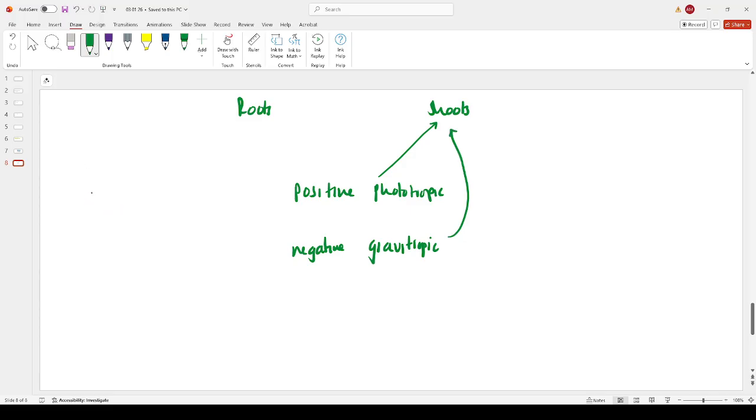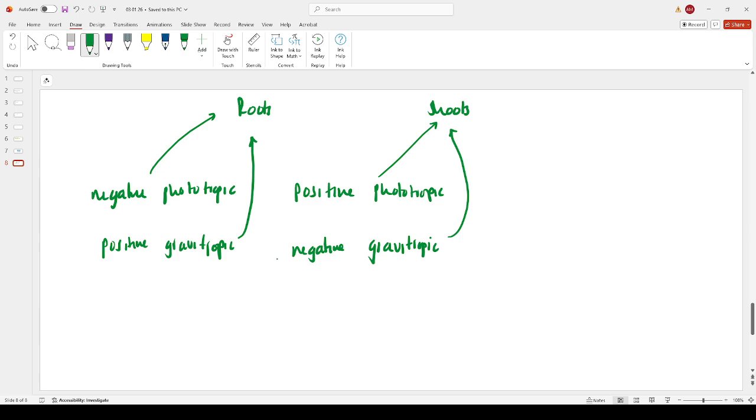So on the flip side, negative phototropic is roots, and positive gravitotropic is roots. Okay, so just remember that.